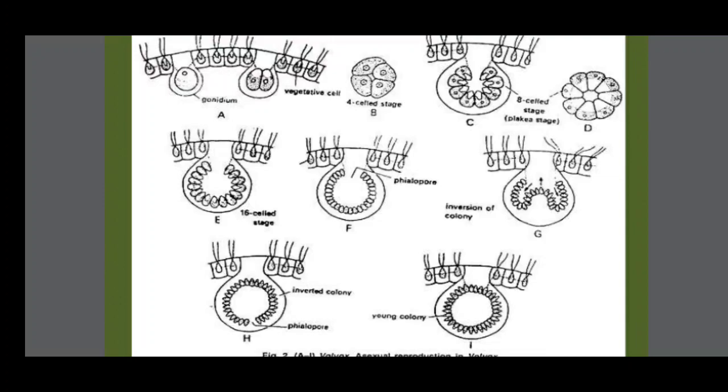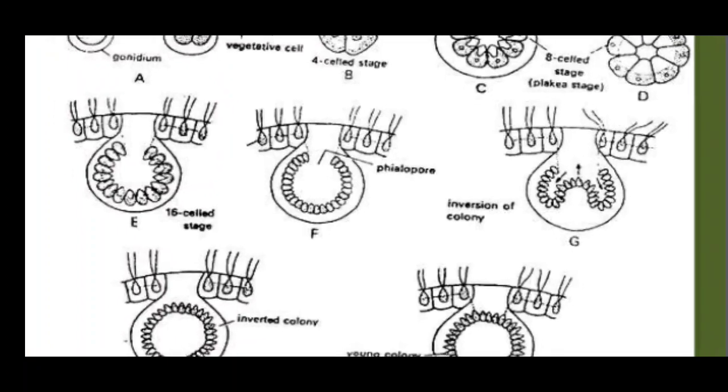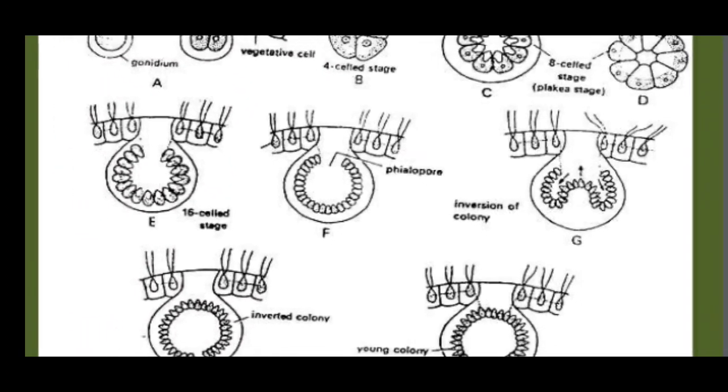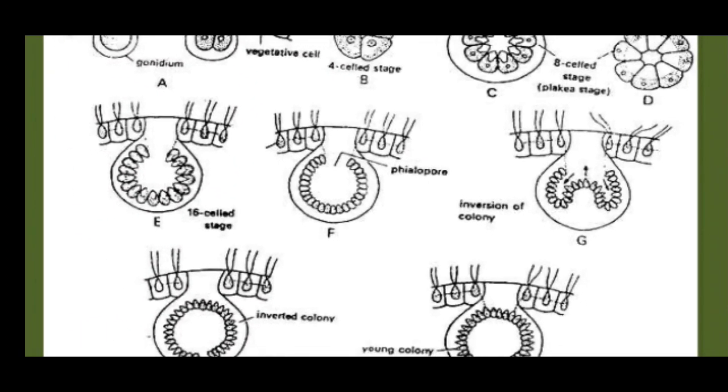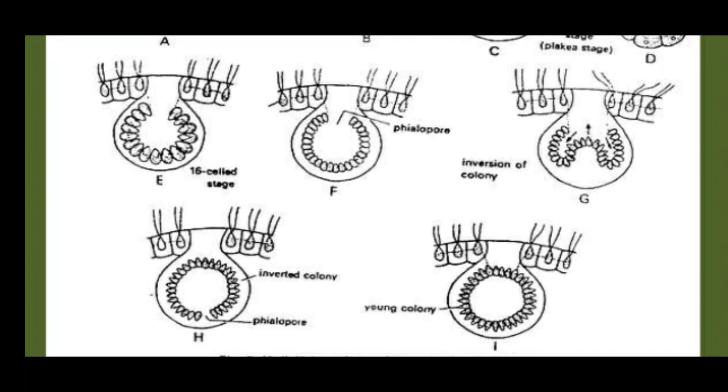After these 16 cell stages, the daughter coenobium has a small hole at the posterior end that is called the phialopore. Through the phialopore, the colony undergoes inversion.